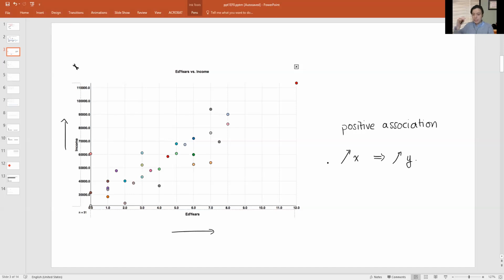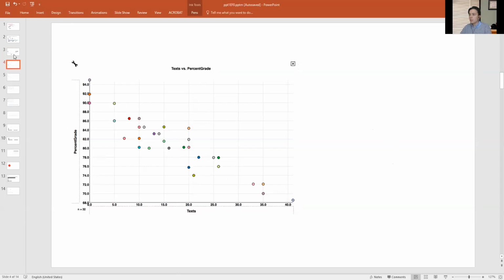Does everybody understand this? Please raise your hand if you do. All right, okay. So this is a positive association because if the first variable increases, then the second variable increases as well.